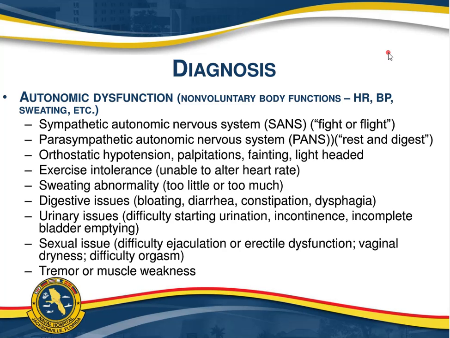If people say, "Oh, my heart rate's going up," well, you got to get an actual heart rate, because people have palpitations sometimes with a normal heart rate, and that has nothing to do with their heart, maybe. Digestive symptoms: bloating, diarrhea, constipation, dysphagia. Urinary symptoms: difficulty starting urination, incontinence. Sexual issues: erectile dysfunction, vaginal dryness. Tremor, muscle weakness.